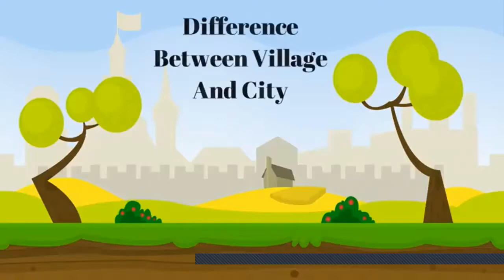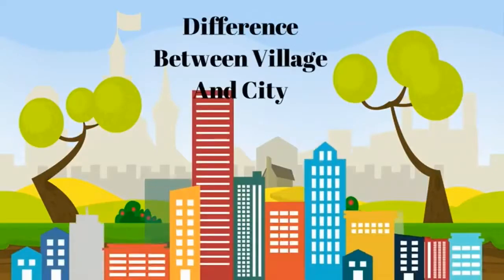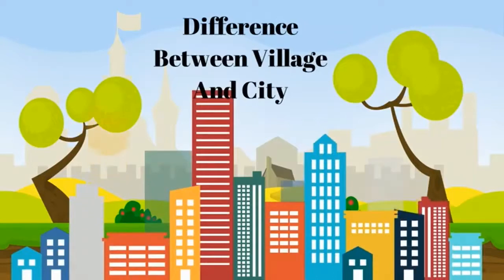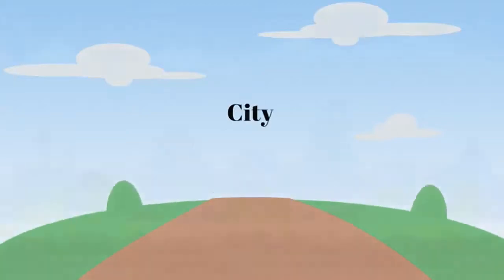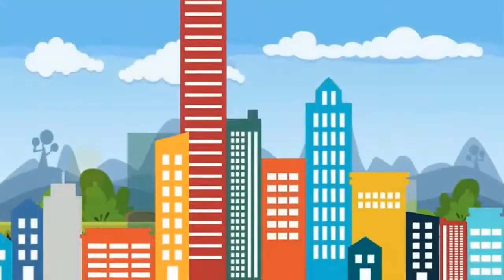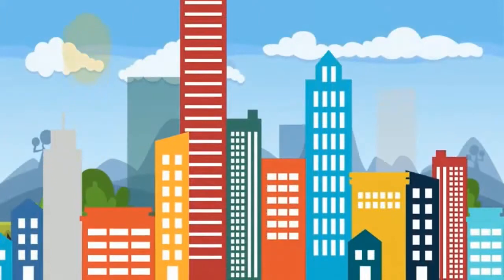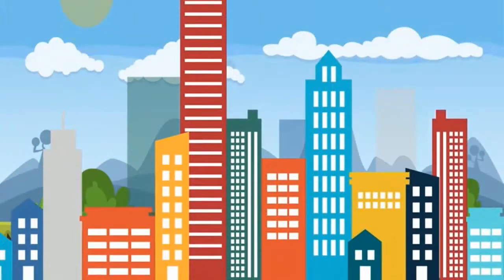Hello guys, today I'm going to tell you the difference between village and city life. So let's go to the city life and find out what's there to see. Oh, big buildings and skyscrapers.